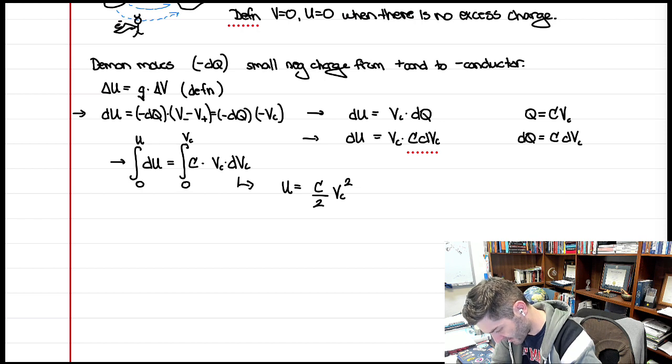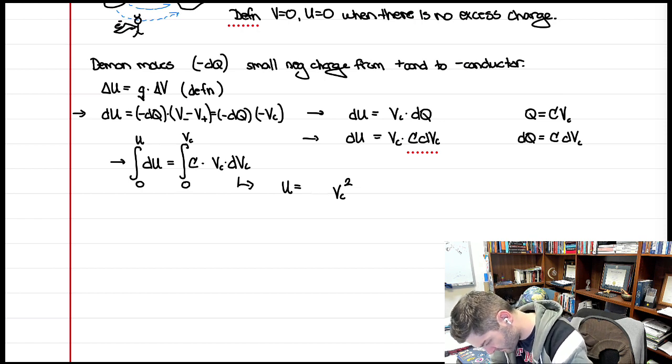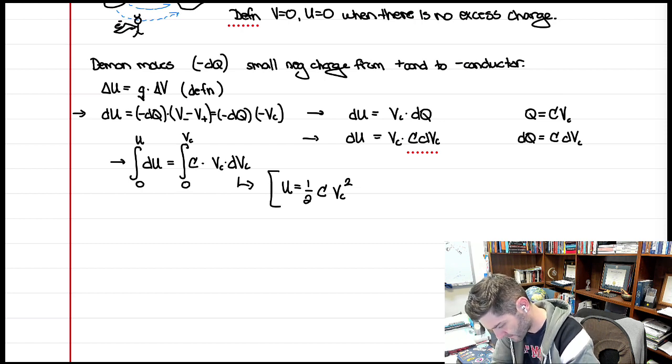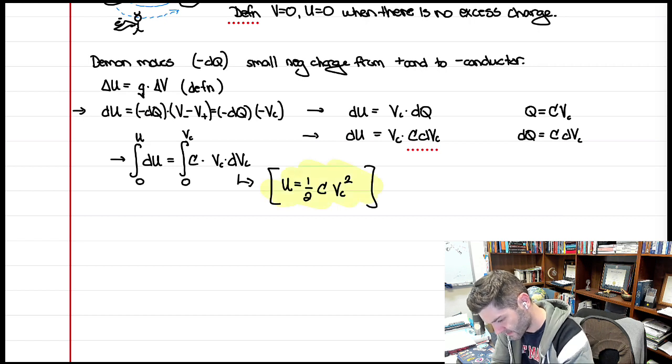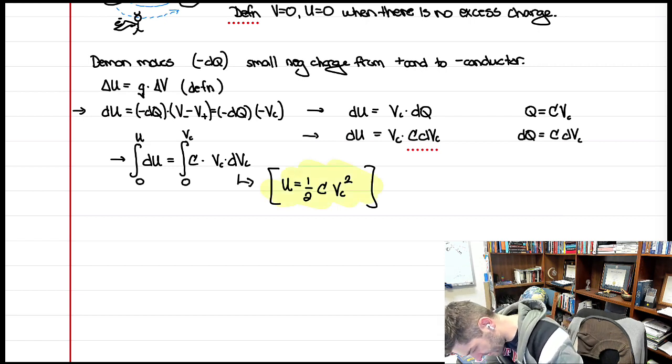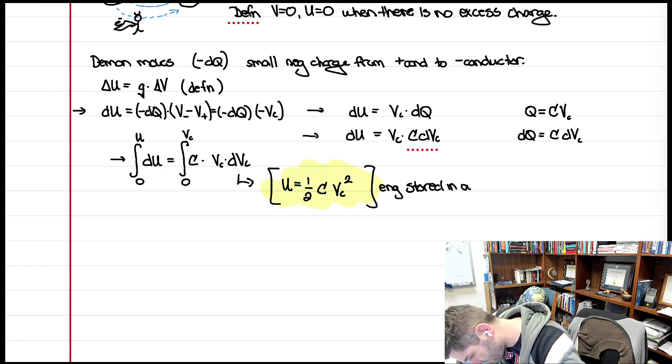You can write it as 1/2 the capacitance times V_C squared. Worth a highlight, because this is then giving us essentially the energy stored in a capacitor.